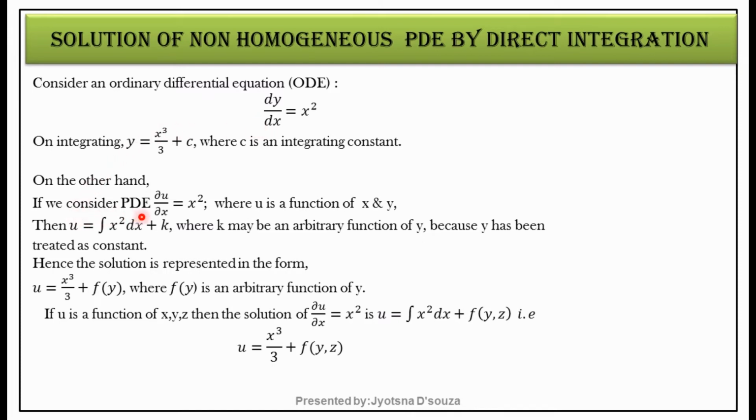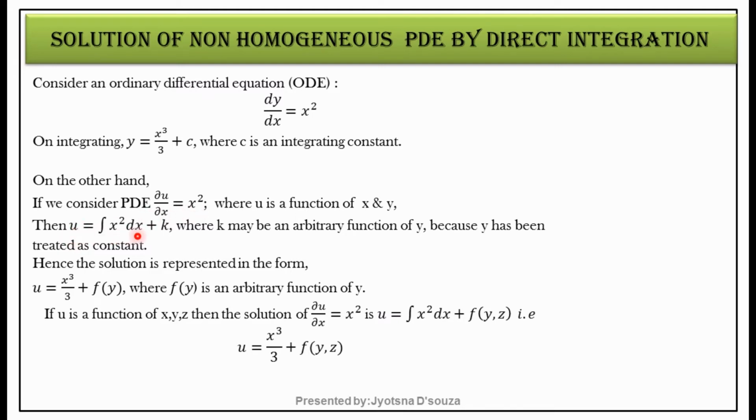On the other hand, if I give you the PDE, that is dou u by dou x is equal to x square, where u is a function of the two variables x and y. Here, when you are differentiating with respect to x, you are treating y as constant. So when you are integrating dou u by dou x, the left hand side you will get as u, which is equal to the integration of x square dx plus some integrating constant k.